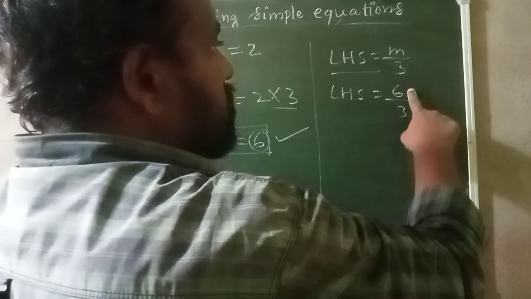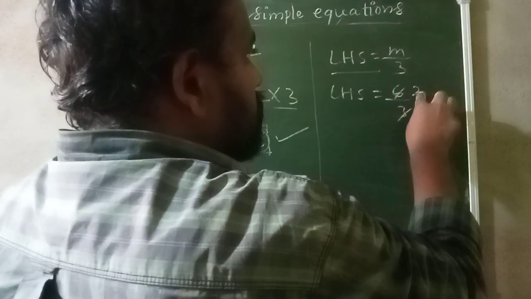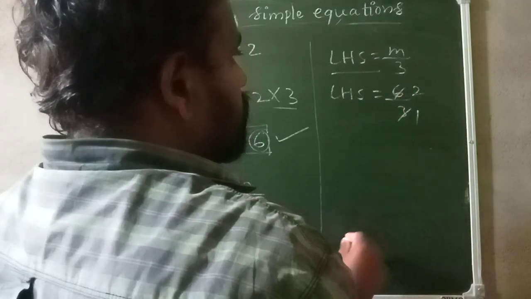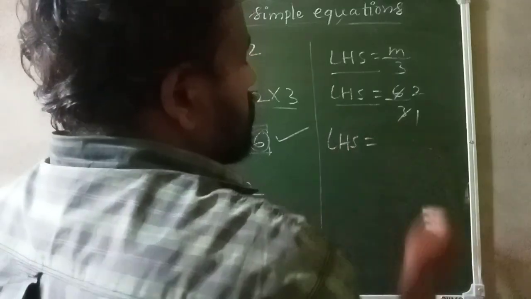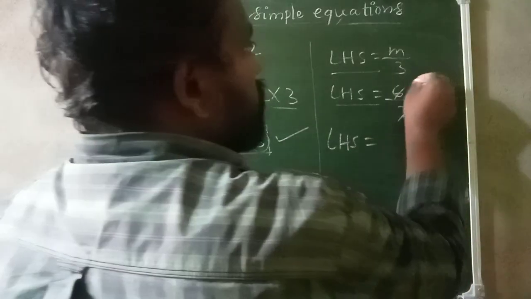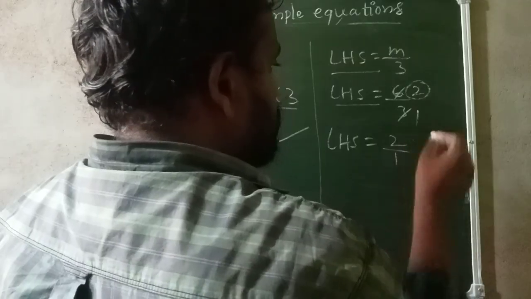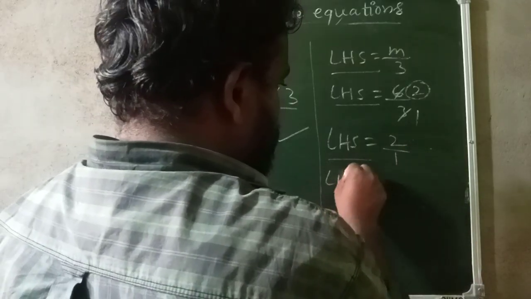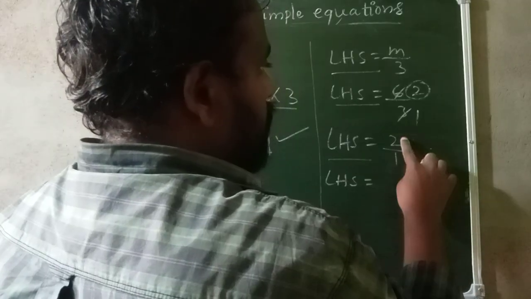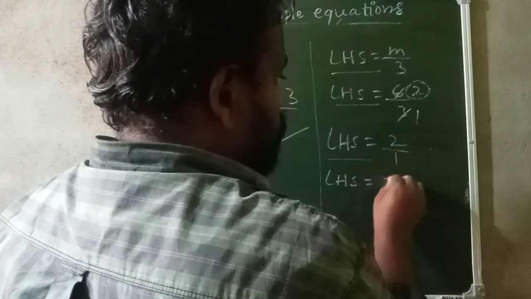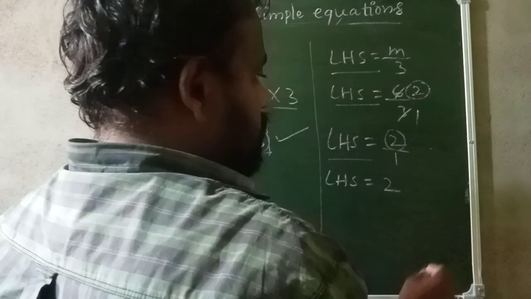We can divide 6 by 3: 3 ones are 3, 3 twos are 6. So next step, LHS is equal to 2 by 1. When you divide 2 by 1, we get the same 2 only, because we are dividing by 1.